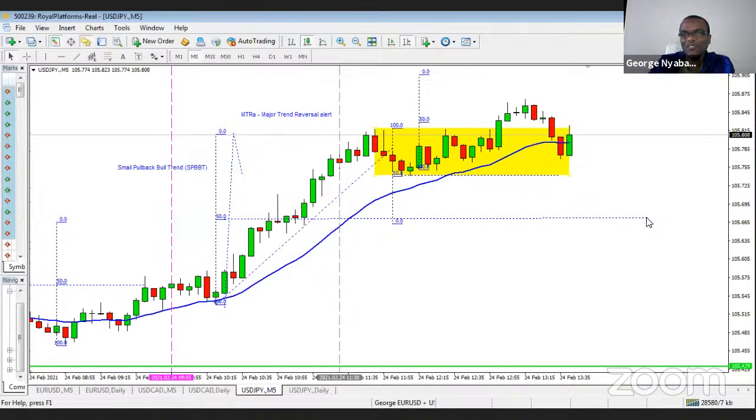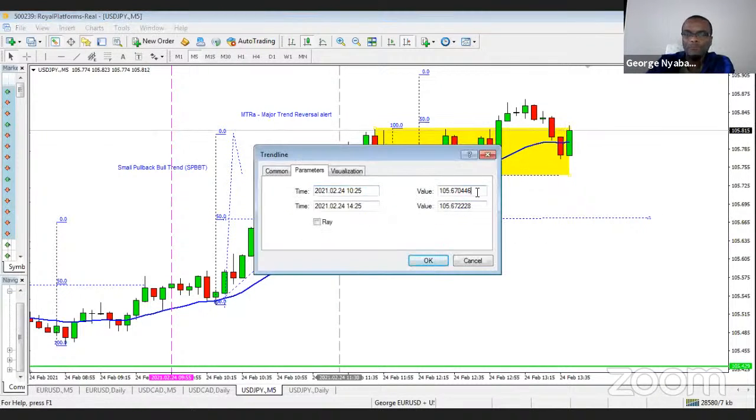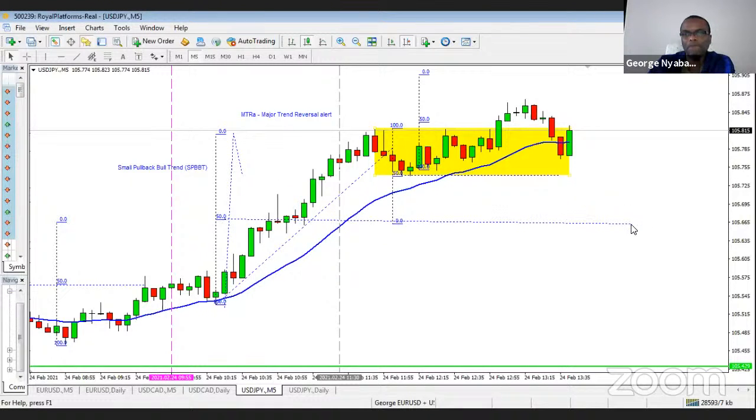Let me tell you why it's interesting. That 50% pullback is exactly a measured move of the breakout of that trading range, type trading pullback to the moving average. Isn't that interesting?